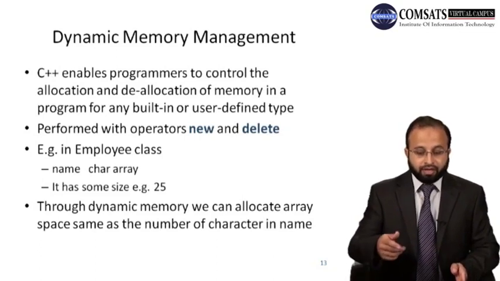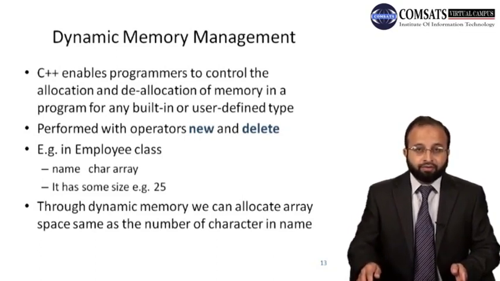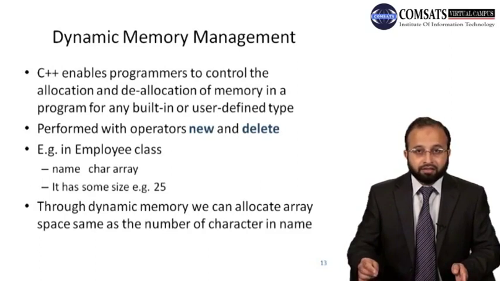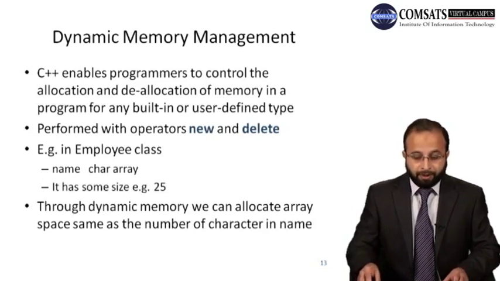For example, with a fixed array of size 25, if the name we want to store is Ali, it will take A, L, I and then the null character, just 4 characters, and the rest of the 21 characters are wasted. That means they are not used by any other variables in the program, right?